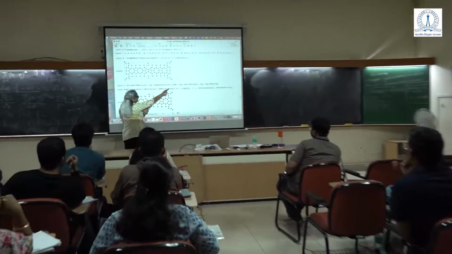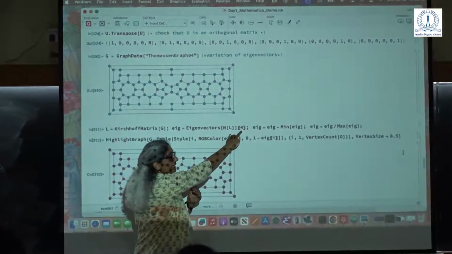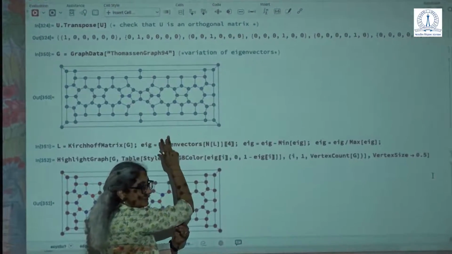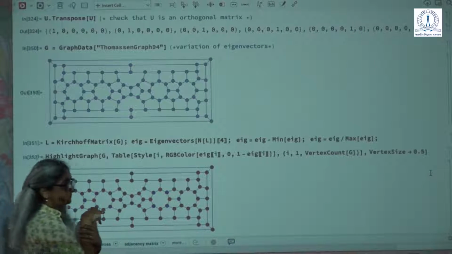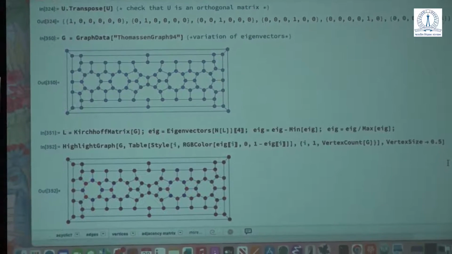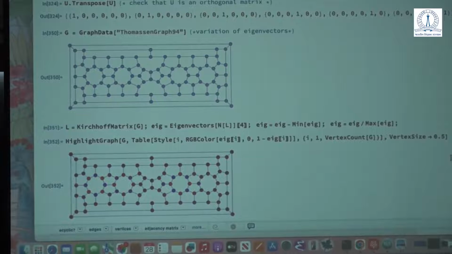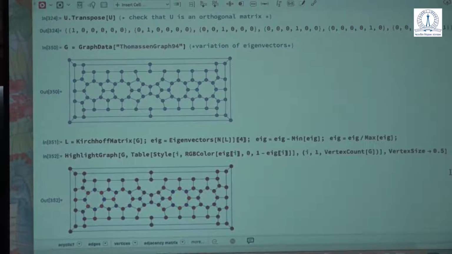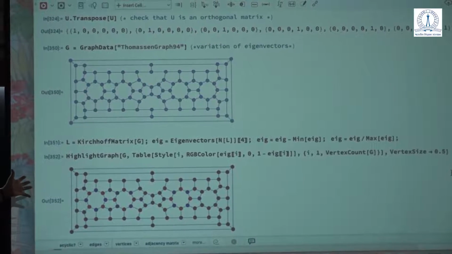So in this example, I chose the fourth eigenvector of this graph. Yeah, ma'am, but what is the actual value in the visualization which made us see this way?